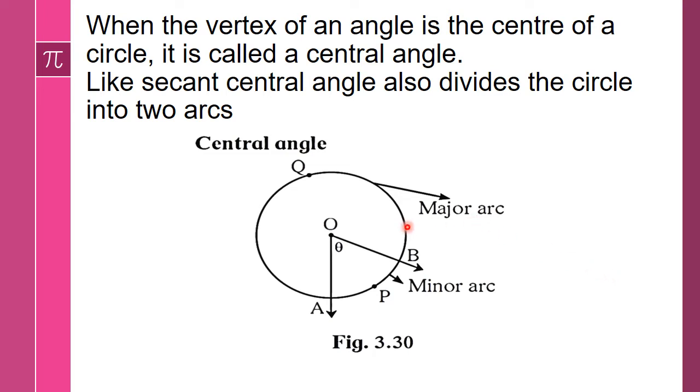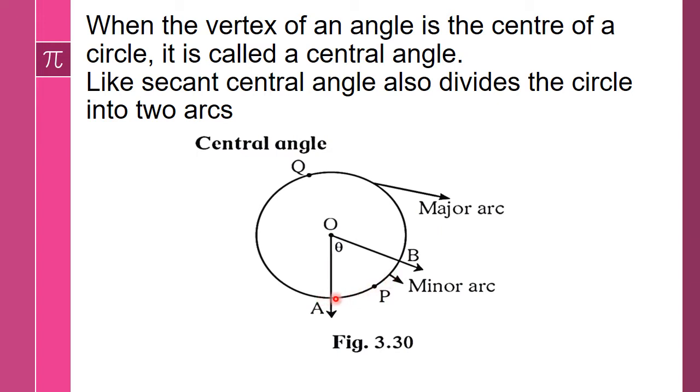As you saw, a secant can divide the circle into two arcs or two parts. Similarly, a central angle means an angle whose vertex is at the center of the circle. Here in angle AOB, O is the vertex of the angle and O is the center of the circle, and hence this angle can be called a central angle. When we draw a central angle, again you get two arcs.